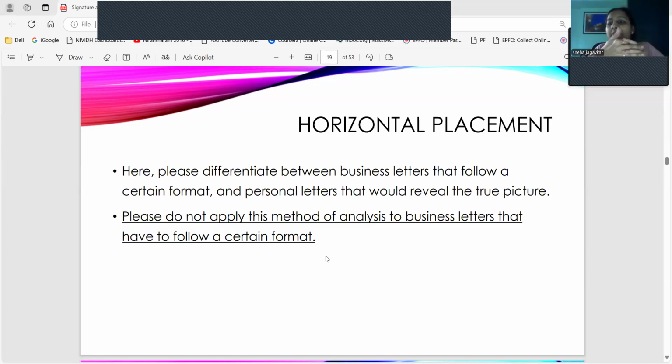So if somebody comes to you saying, this is my formal business letter or business proposal and this is my signature, so please do the analysis of my signature, politely say no, this is not possible. You will have to make your official signature 3 times in front, below the content that is to be written.